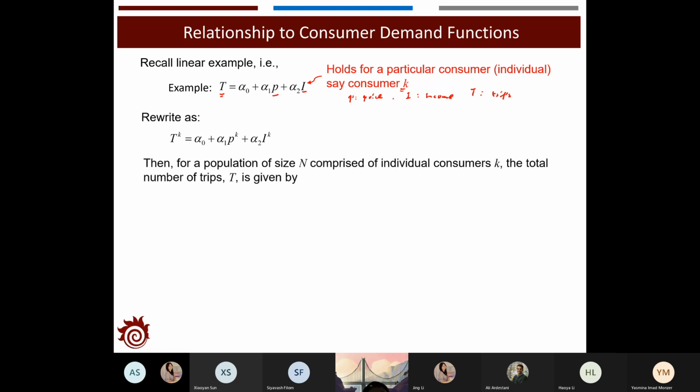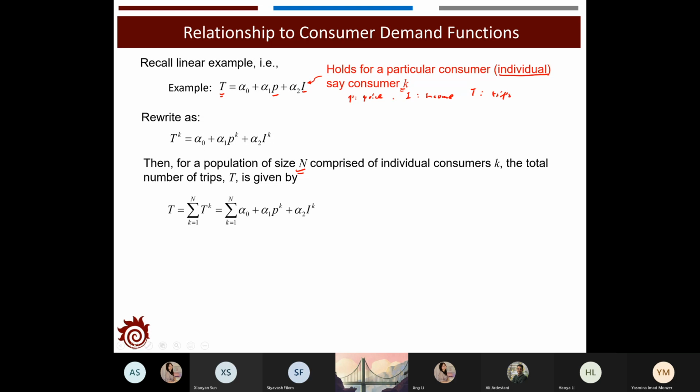So this would be the individual consumer demand function, and if we are talking about a city with the population size of n, then I find out the relationship between T, the total number of trips, and the value of TK, which would be the trips generated by each individual.